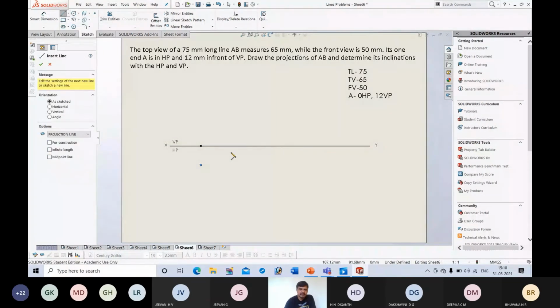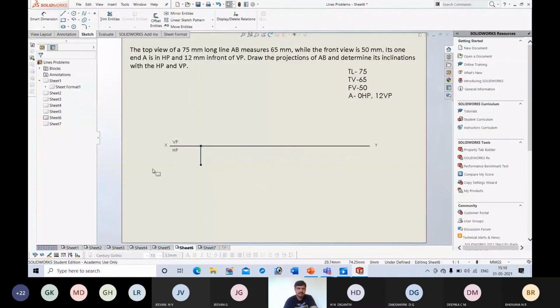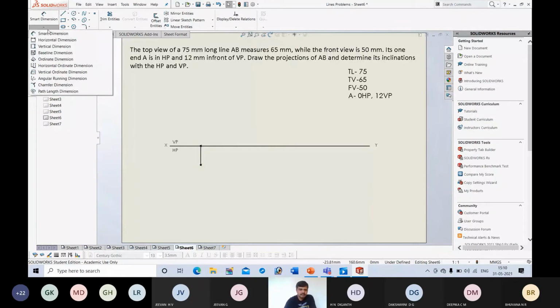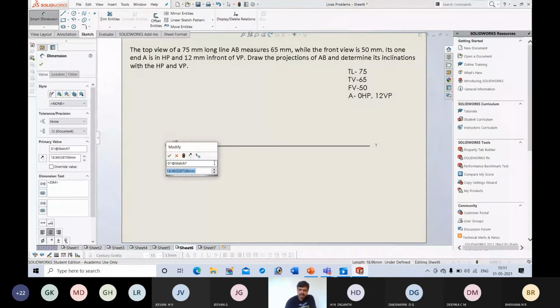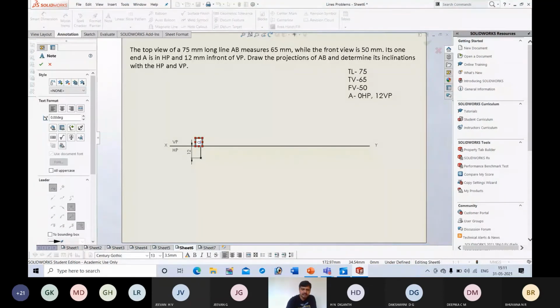Then I will connect the front and top view with a projector. This should be 12. Then I will name the views. This is A dash and this is A.